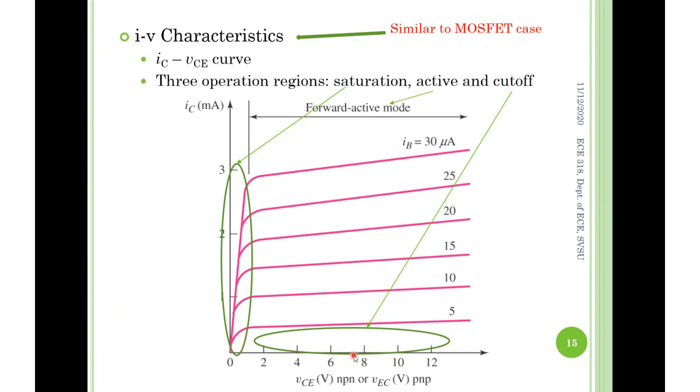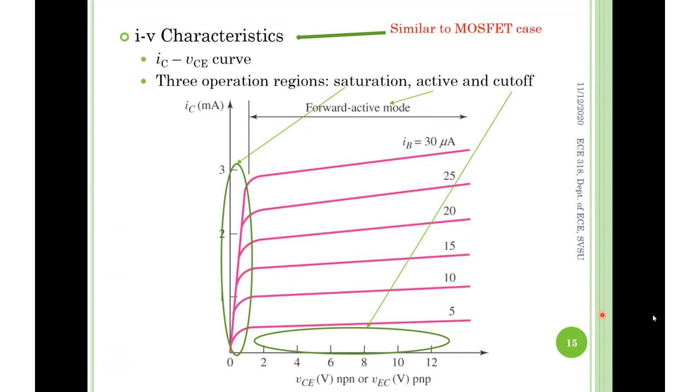Leaving the middle big area as our amplifier application. In MOSFET, we call it the saturation region, remember? But in BJT, we call it forward active, or just the active region. The middle part.